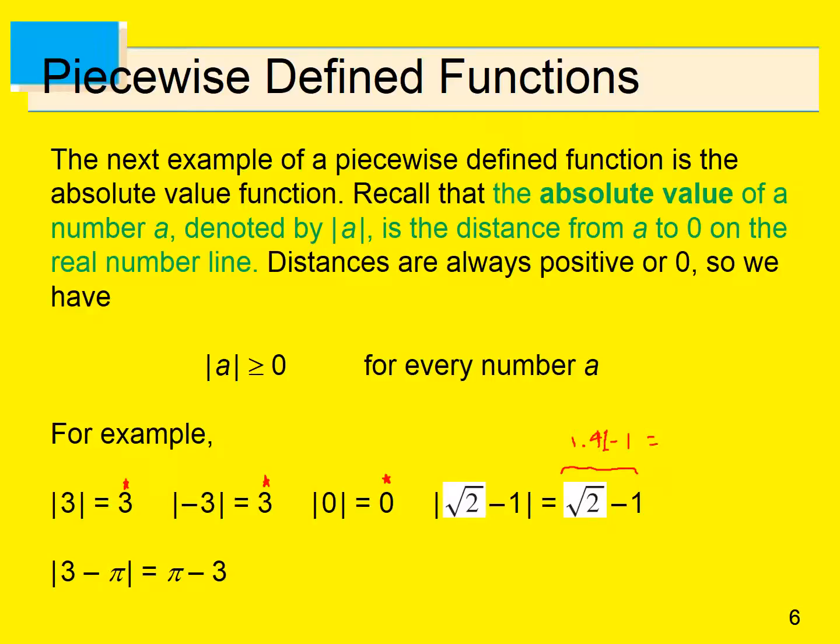I'm sorry, 1.41. My bad. And if you subtract 1 from that, you have 0.41, which is positive, and so it's appropriate that that would be the absolute value of something.